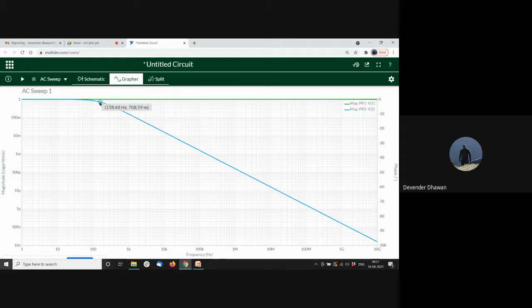So 0.7 volt is 70% of 1 volt. So you can say, okay, this is our cutoff frequency, which is what we calculated by the formula 1 upon 2 pi RC, which was coming out somewhere around 159 only. So we are here only, and the signal is 70% of the original.